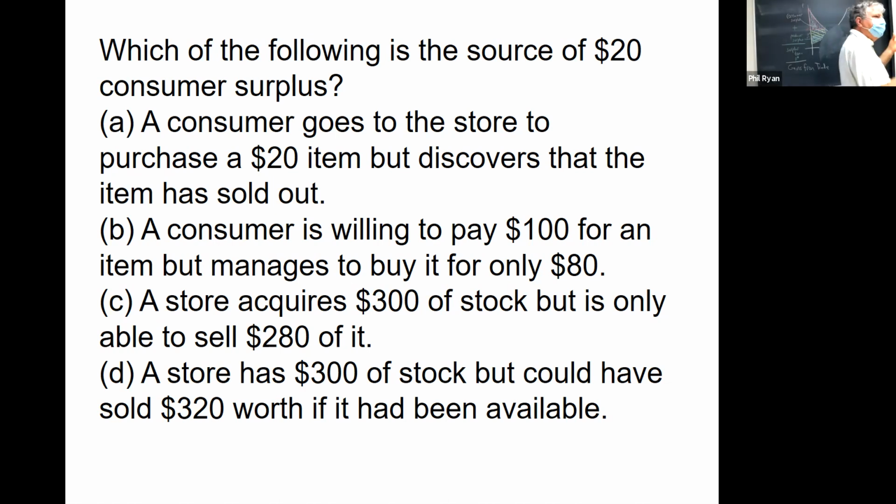It's B, right? That's right on what consumer surplus is. Consumer surplus happens when a consumer is willing to pay a higher price but gets it for a cheaper price. So it is a benefit to the consumer of $20 of money that they've saved. All these other situations have nothing to do with that.